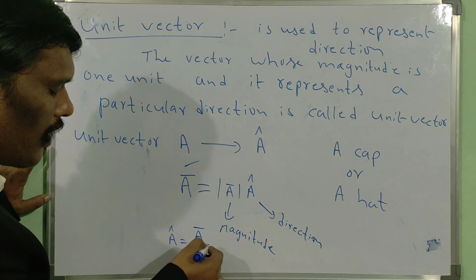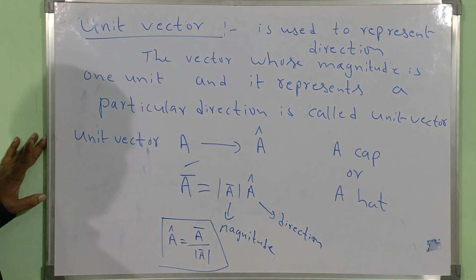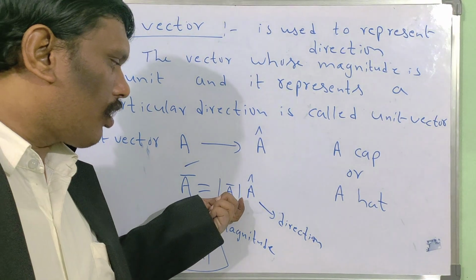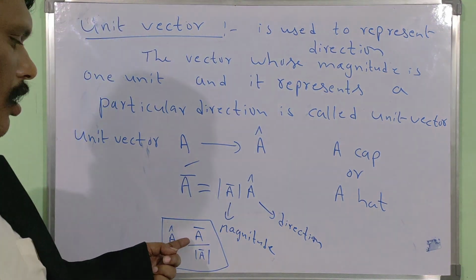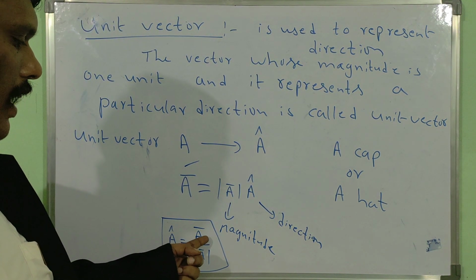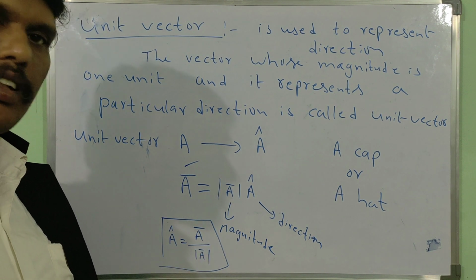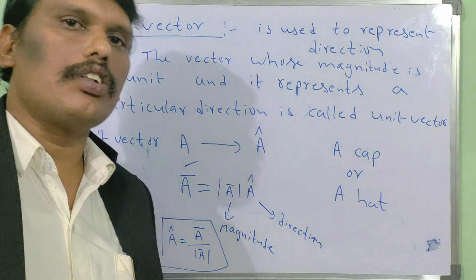Any vector divided by its magnitude will give the unit vector. Why? Because a vector is a product of its magnitude and direction. If I divide by the magnitude, what remains? Direction. That is only A cap, that is only the unit vector.